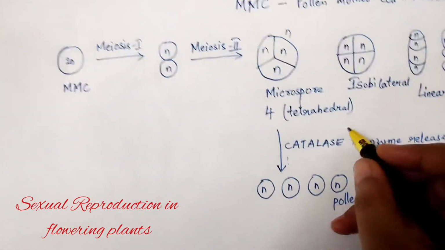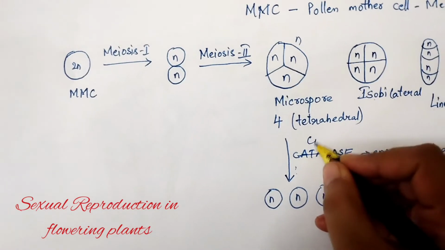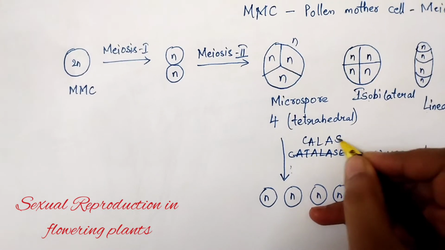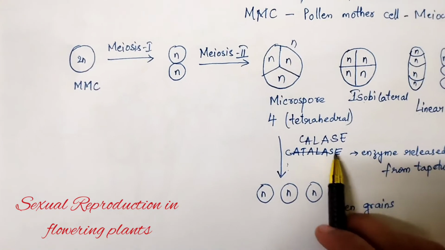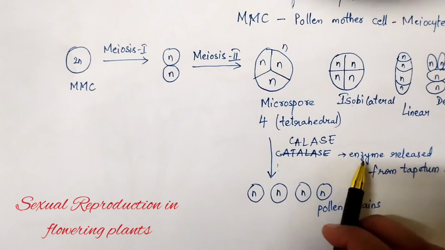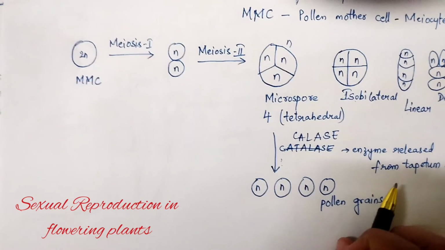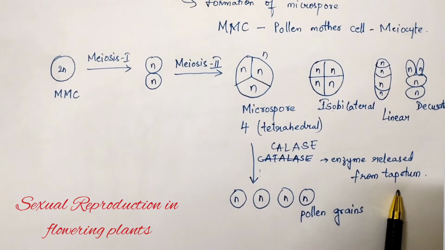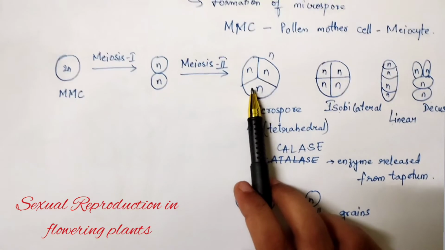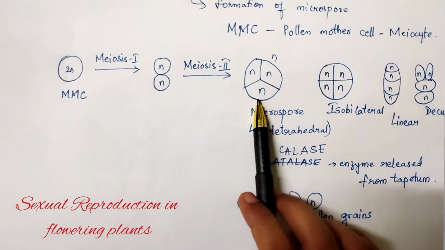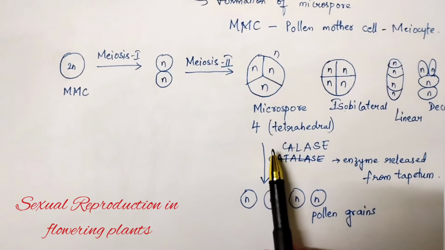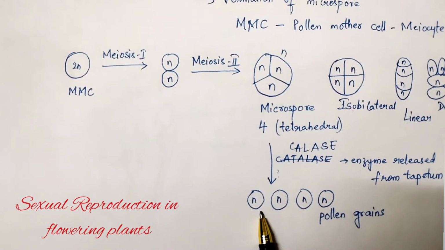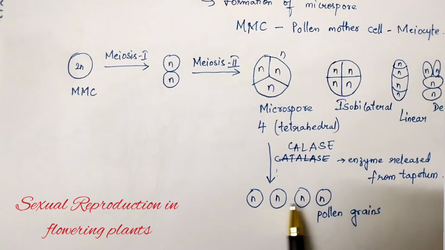It's not catalase, it is callase. This enzyme callase is released from the tapetum, right? Because of this enzyme, the walls of the microspores get ruptured and the pollens are released. That means they get dehisced, forming 4 different pollens that are haploid in nature.